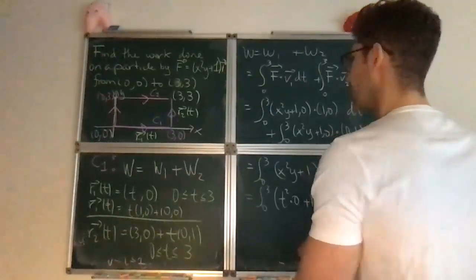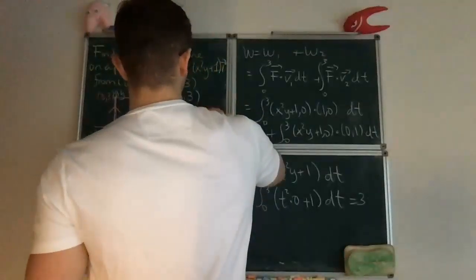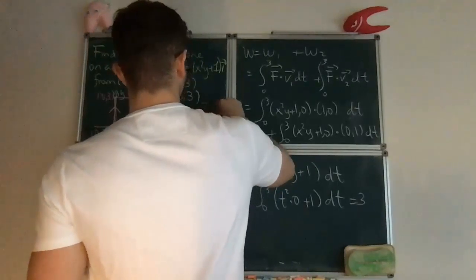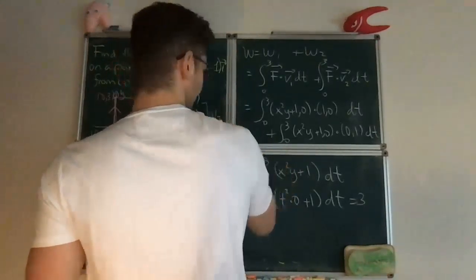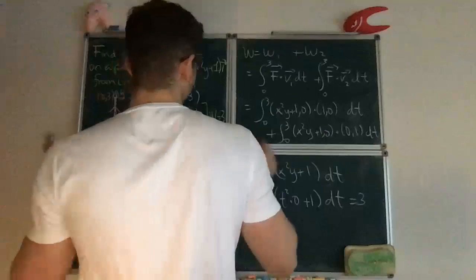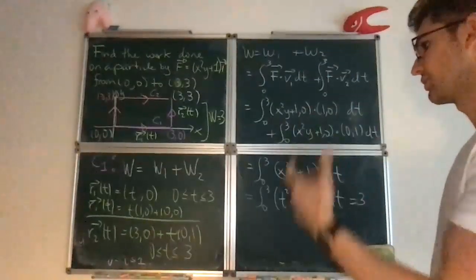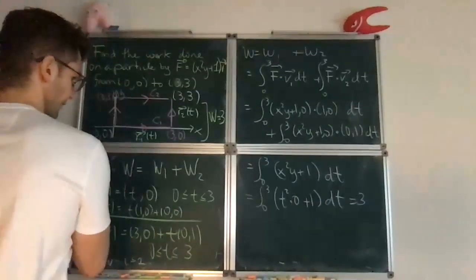So the first work, let's call it W1 along this curve, is just 3 joules, or whatever unit you're using. And the point is that we can do the same for the second curve.